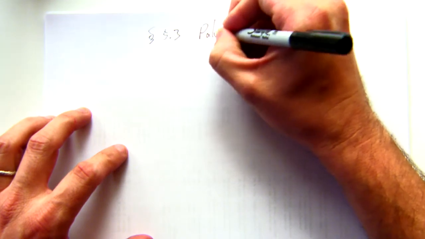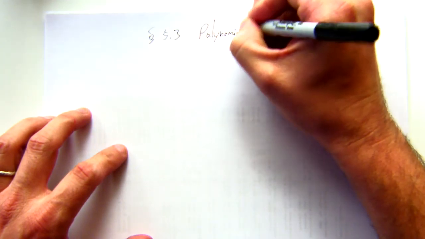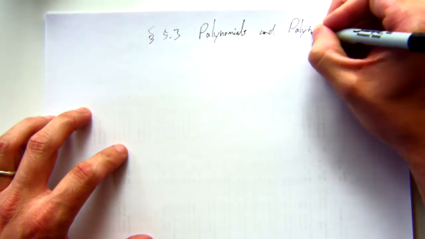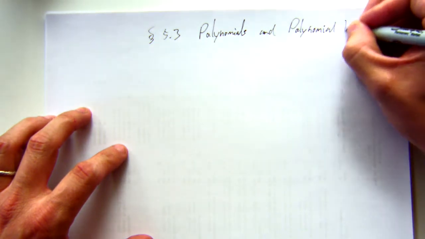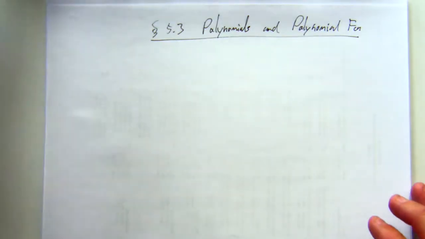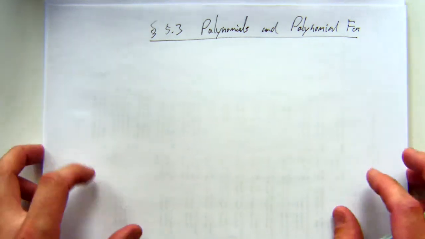So this is 5.3, polynomials and polynomial functions. Okay, we're going to start off with some definitions.